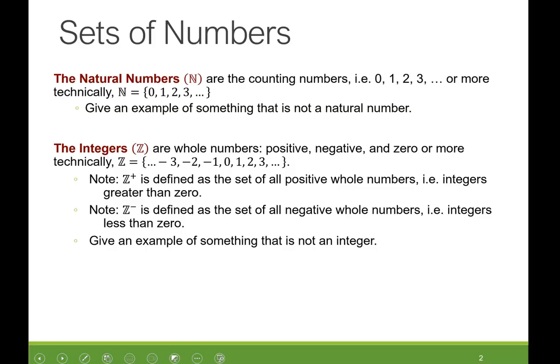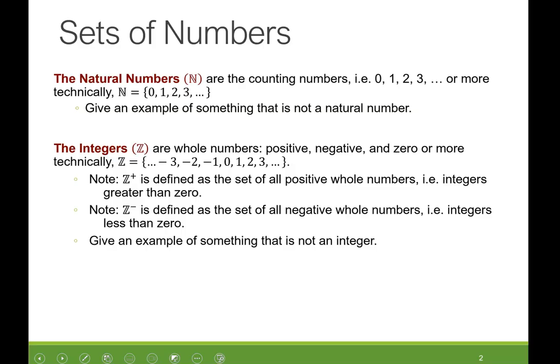The difference between N and Z plus is 0, right? N includes 0, Z plus does not. Z plus is strictly positive, so 0 isn't in there, but it is in N. Everybody's okay? We okay on this slide?